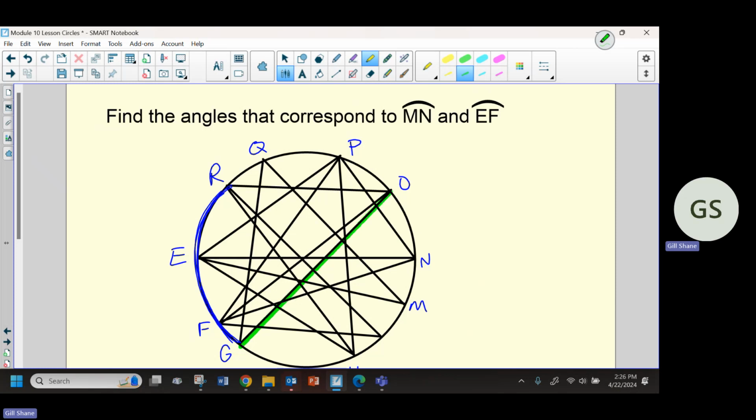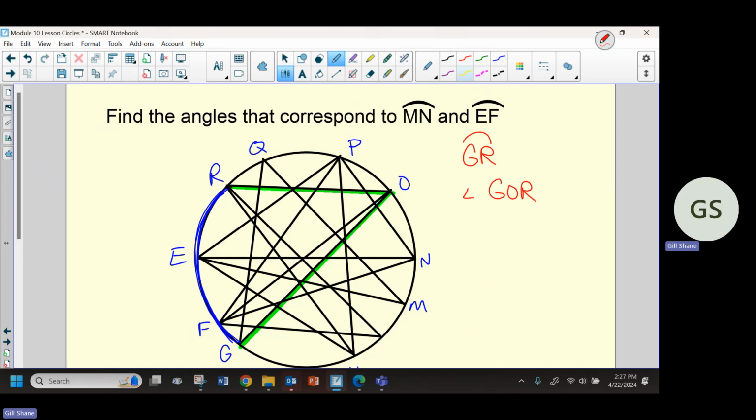Now I try to go from point O to point R. Well, there's a line that goes from point O to point R. So that angle matches up with arc GR. Arc GR matches up with angle GOR.